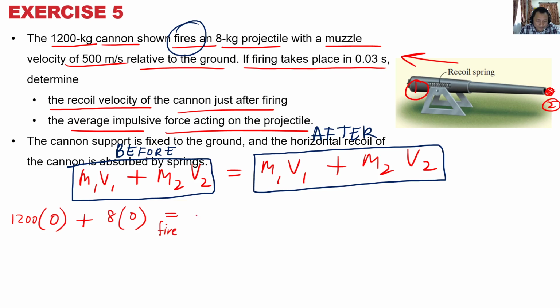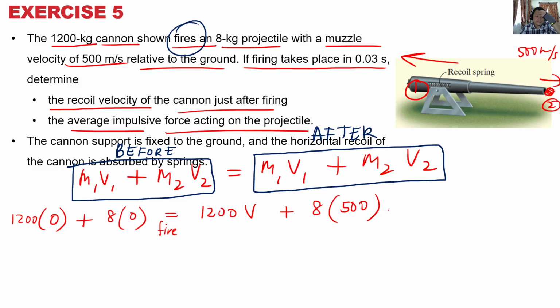Fire, kaboom. Mass of the cannon 1200. Velocity you don't know. Plus 8 kilogram, and this 8 kilogram, it fires, right? It goes very fast in front. How much? 500 meter per second.